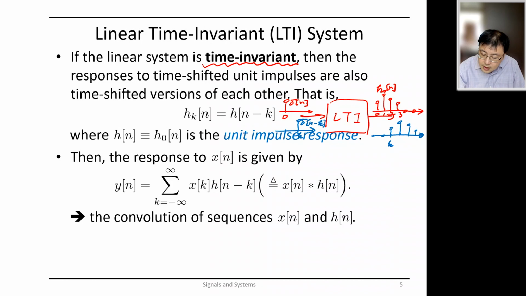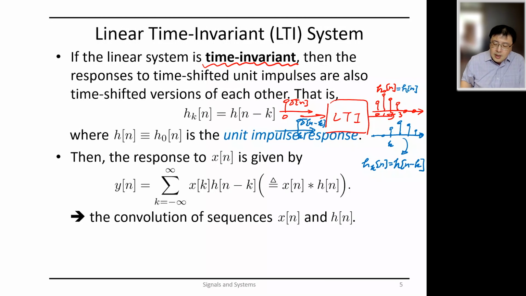So we can denote this, suppose we define this as h of n, then we can write this as h_k of n equal to h of n minus k. So h_k of n is the response to a unit impulse at time k, and it is just a time-shifted version of the impulse response corresponding to an impulse at time 0.